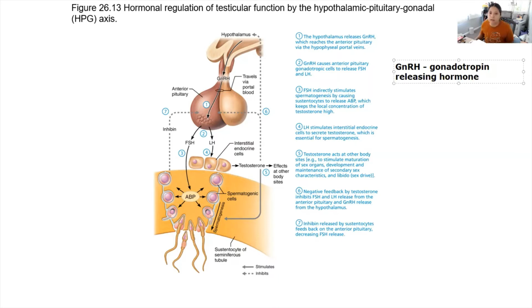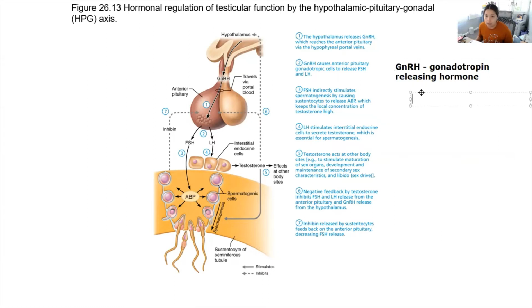And this is going to get released by cells of the hypothalamus, so hypothalamic neurons. Do you remember that word before? We talked about it with the endocrine system. Hypothalamic neurons are going to be releasing gonadotropin releasing hormone right here towards the anterior pituitary.